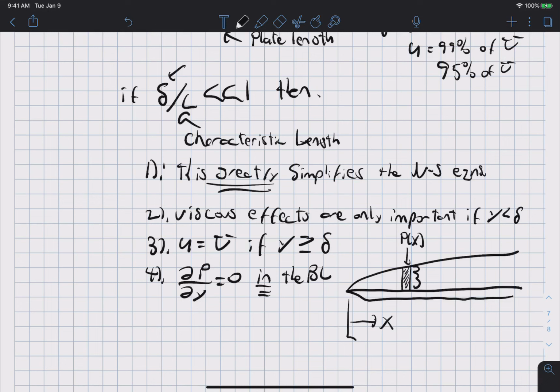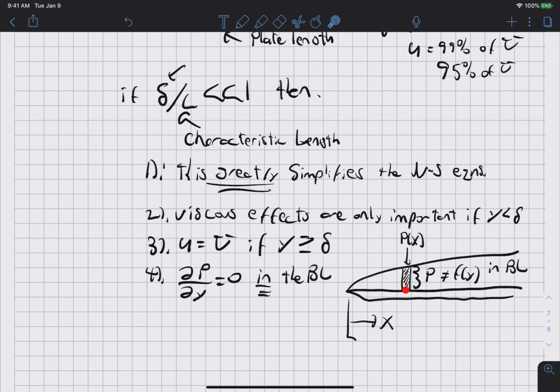And in this strip, the pressure is not a function of y in the boundary layer.